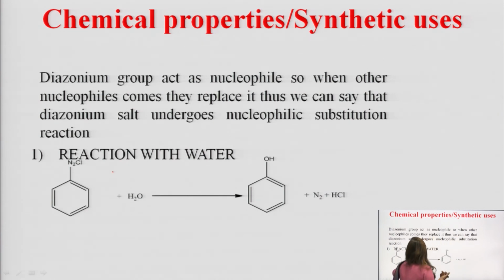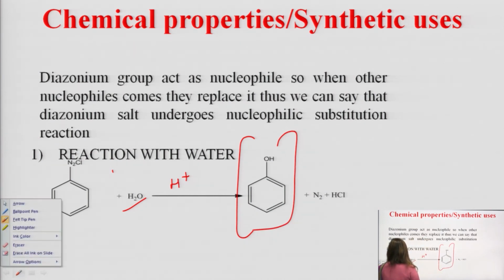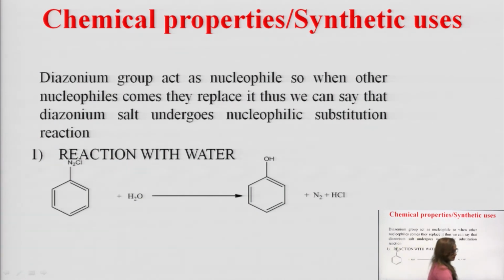The first type is reaction with water. We always keep diazonium salt at very low temperature, because at high temperature it is unstable. Every time you have to prepare diazonium salt fresh, because in the presence of acid, hydrolysis takes place and it changes into phenol. So this is the reaction with water.